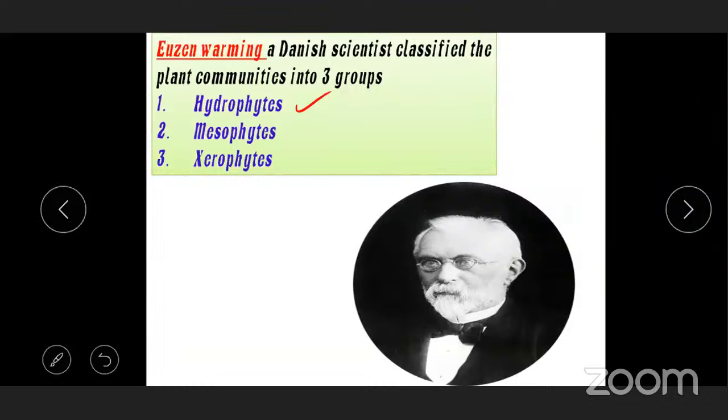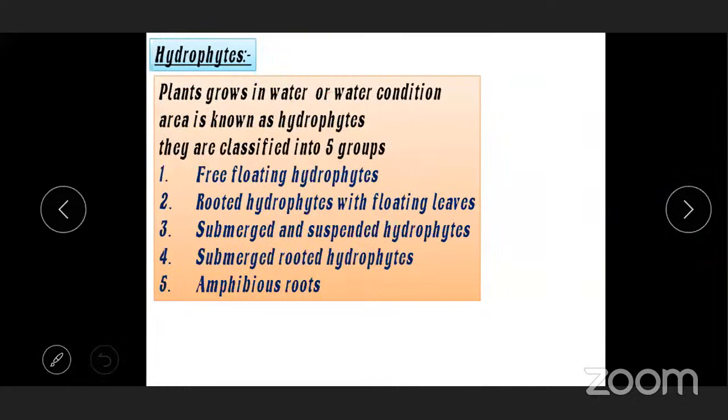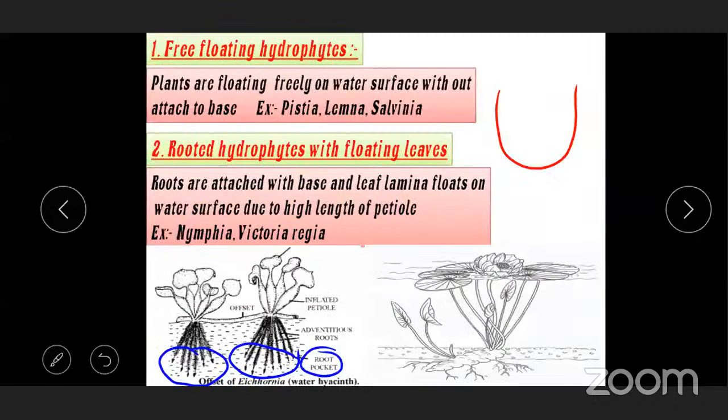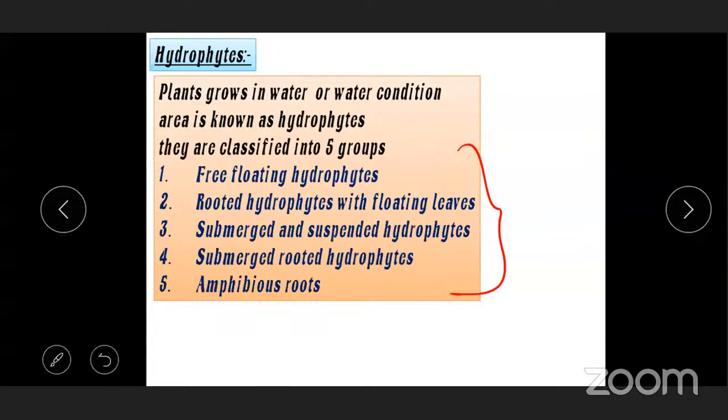In this class, we discussed only hydrophytes. In hydrophytes, first we discussed the types of hydrophytes.